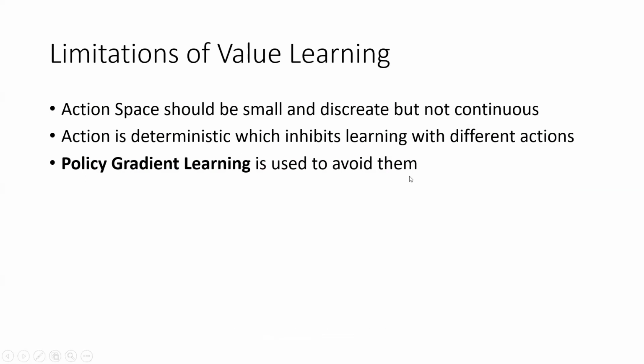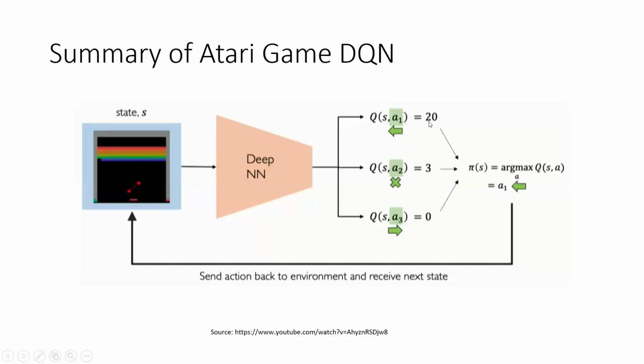And the value that you select from this Q function, from the policy function, is deterministic, because it is the maximum Q value that you are selecting. When a certain state is achieved, you should always take the same action, which is the highest Q value action.